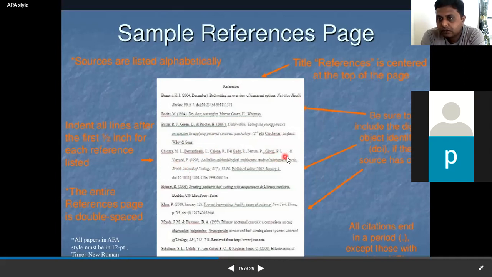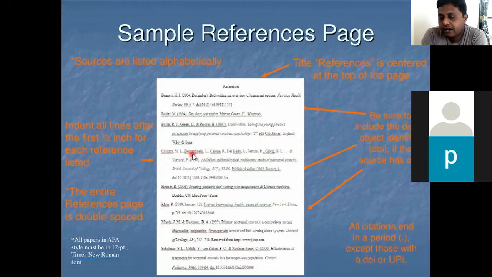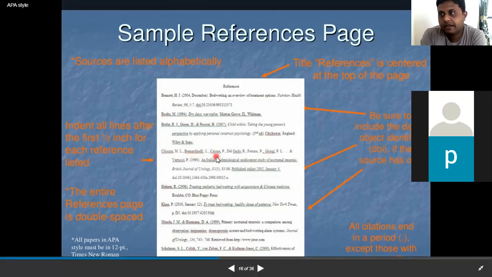See, these dots mean more than 3, 4, 5 authors are there. Same is the case. What happens in the case of MLA? The first author's surname is taken, then the first name, and the second author's first name is taken.